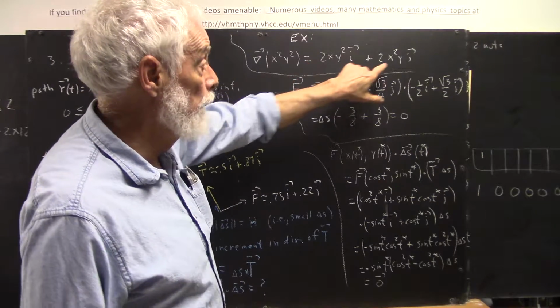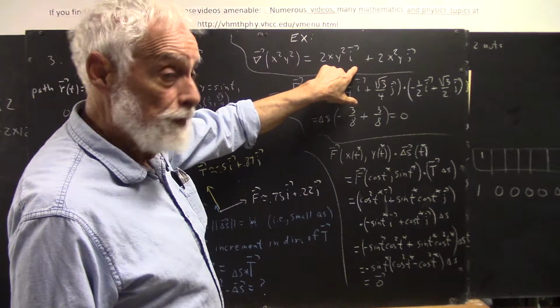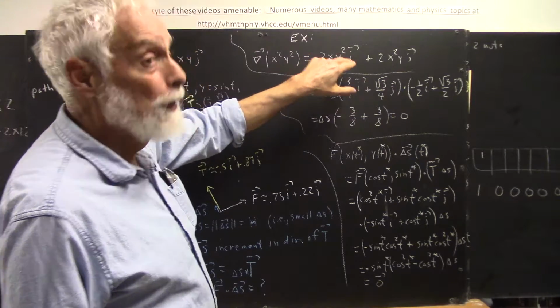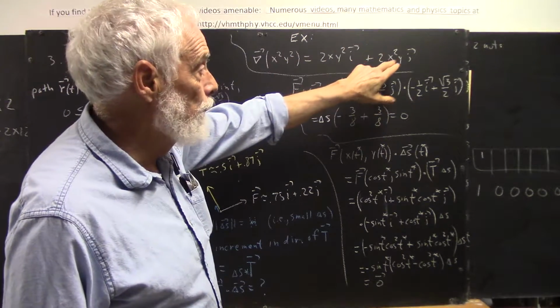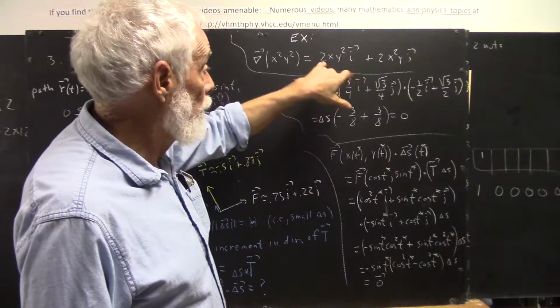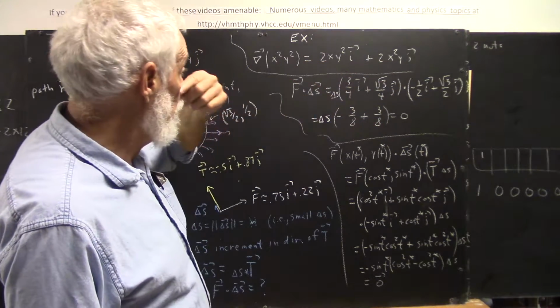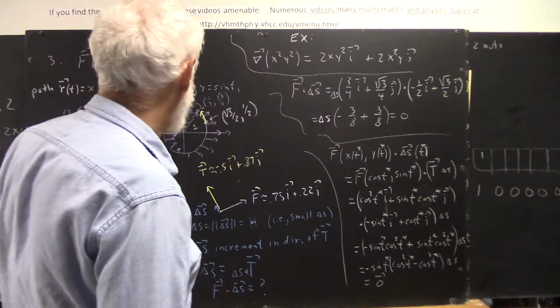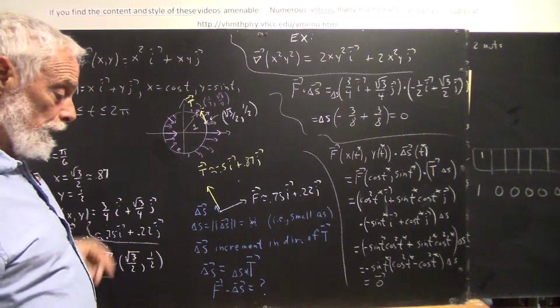Some function times i, another function multiplied by j. These functions have the property that they come as the gradient of some other function. This function doesn't. That can be argued easily enough.